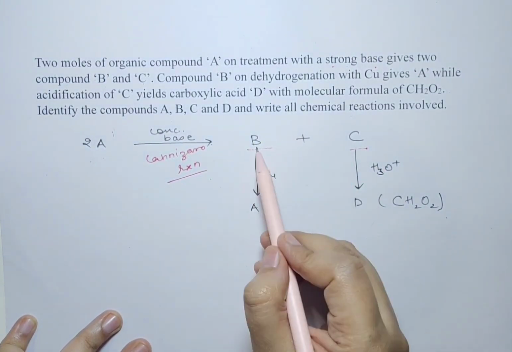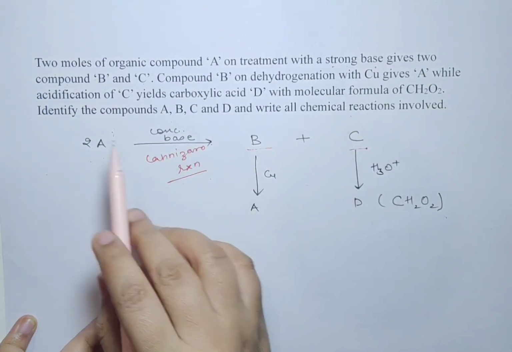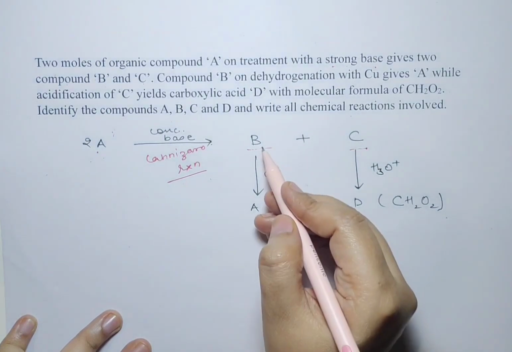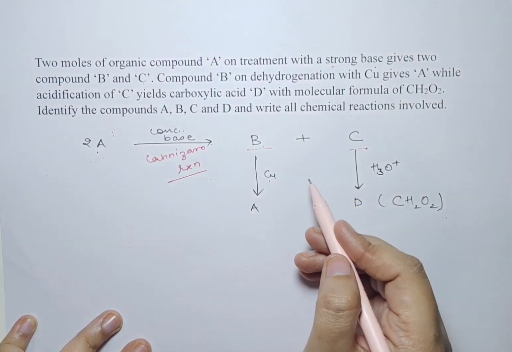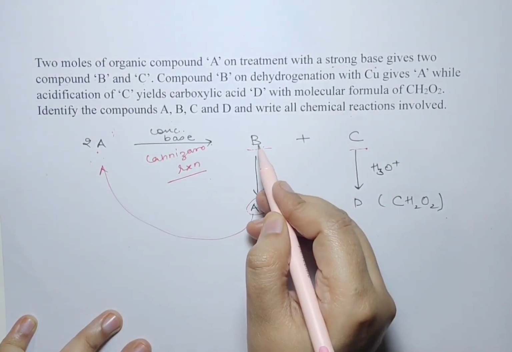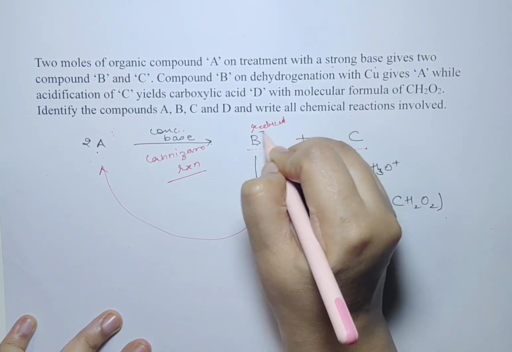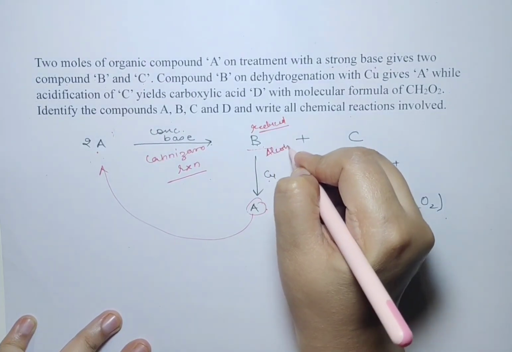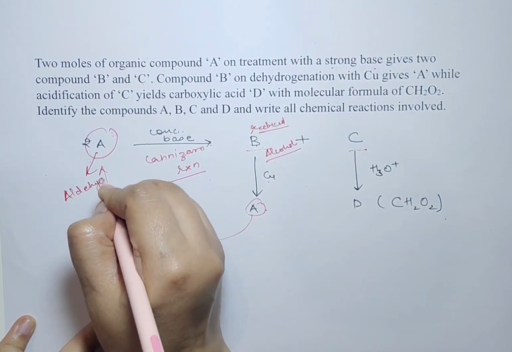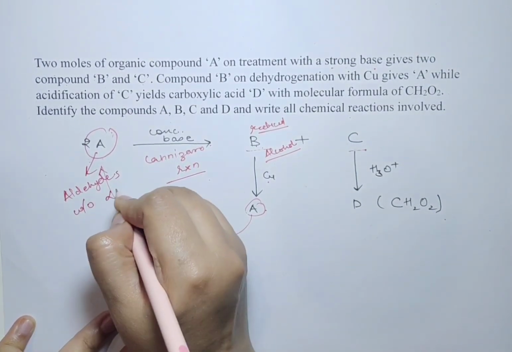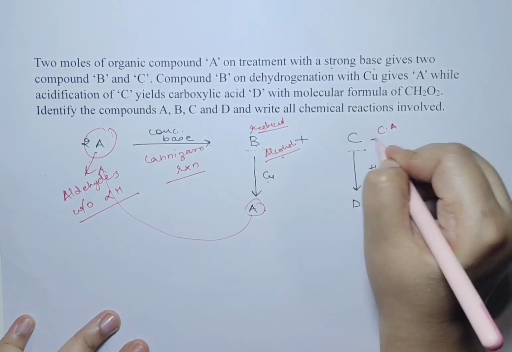So one of these is the reduced product and the other one is the oxidized product of A. Now B, upon dehydrogenation with copper, that means oxidation with copper, gives us A back. So if B upon oxidation is giving A, that means B is the reduced product. That means B is the alcohol, because Cannizzaro takes place with aldehydes without alpha hydrogens.